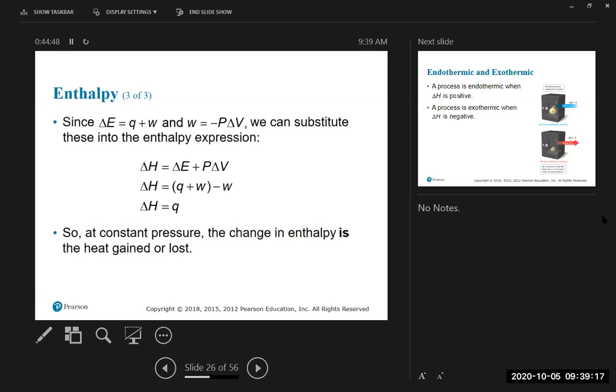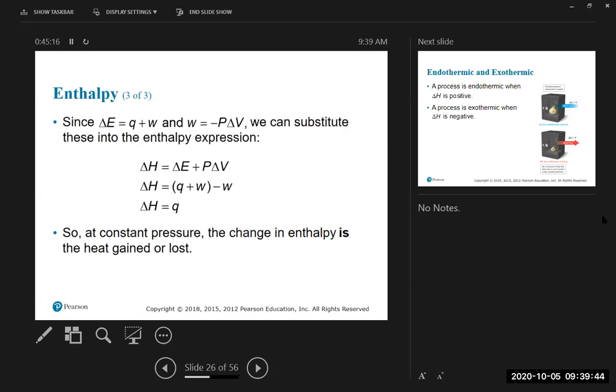If we substitute into our equation delta H equals delta E plus P times delta V, we can put in delta E equal to Q plus W. And P delta V, if we change the sign on it, is equal to work.